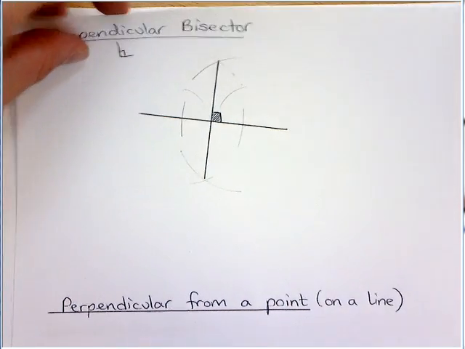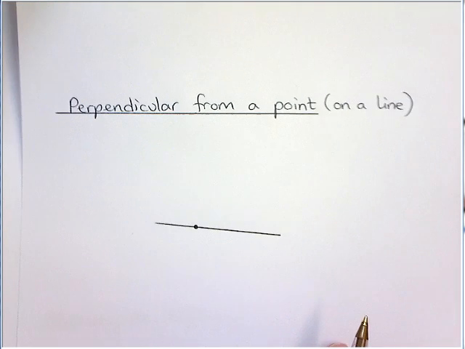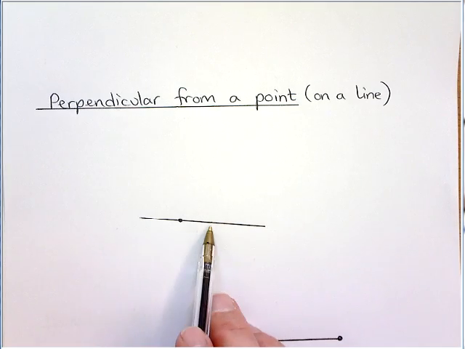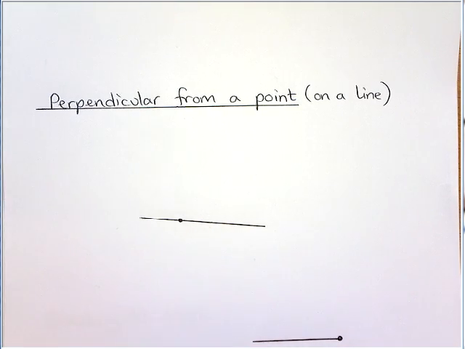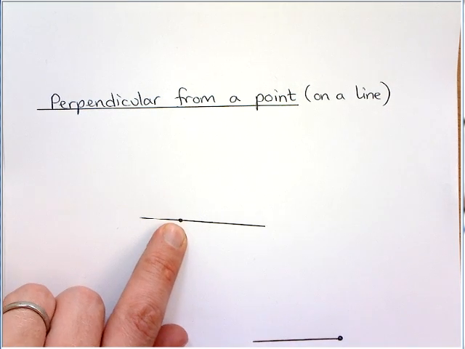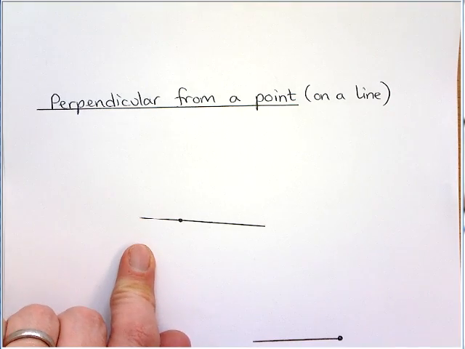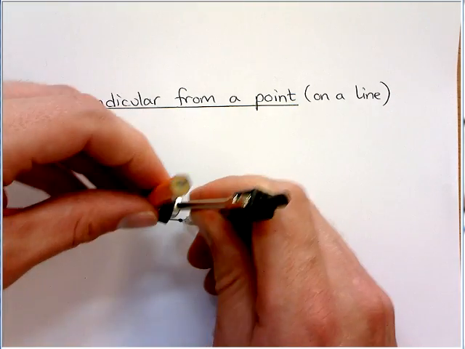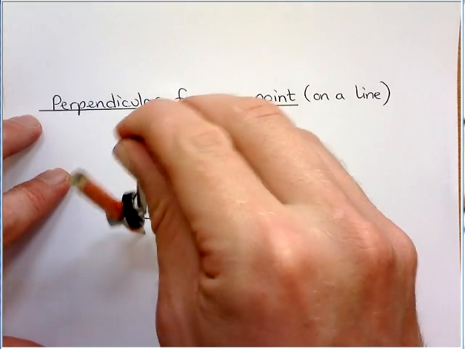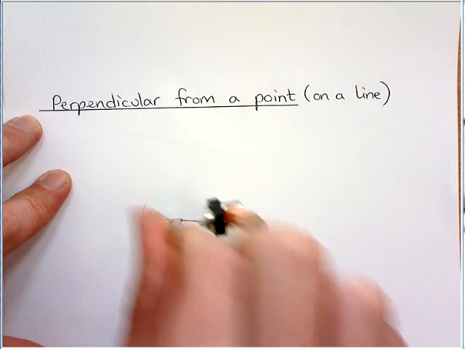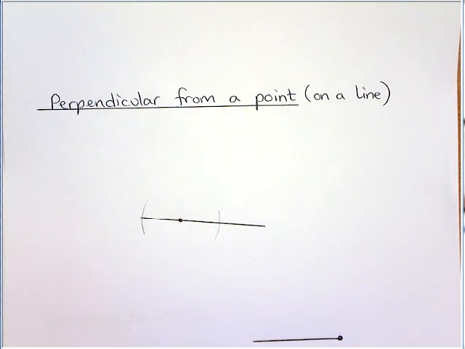So it's exactly the same, but this time, rather than a bisector from the middle, it's from a point. So I'm going to actually do 2 in this part. So this has to be the middle, and you can clearly see it's not the middle of this line. But if I do what I did at the start and just make an arc either side, I can actually ignore the rest of the line.